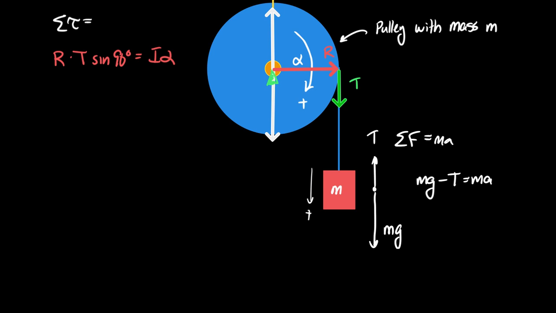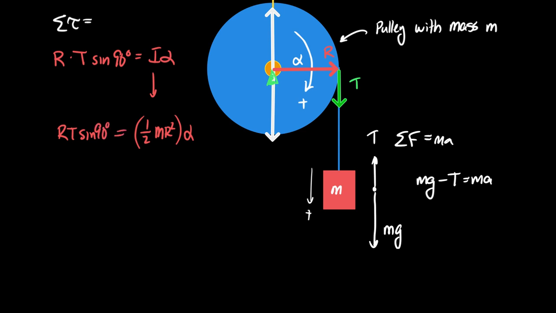Just give me one more sec. Would you guys agree the pulley's probably a disc? So you look up on the chart, 1/2 mr squared. That's our disc.